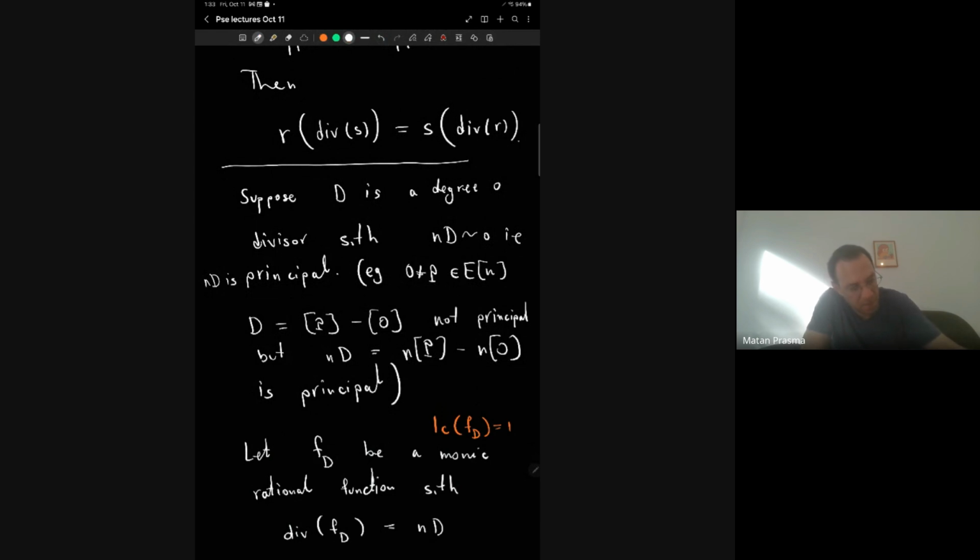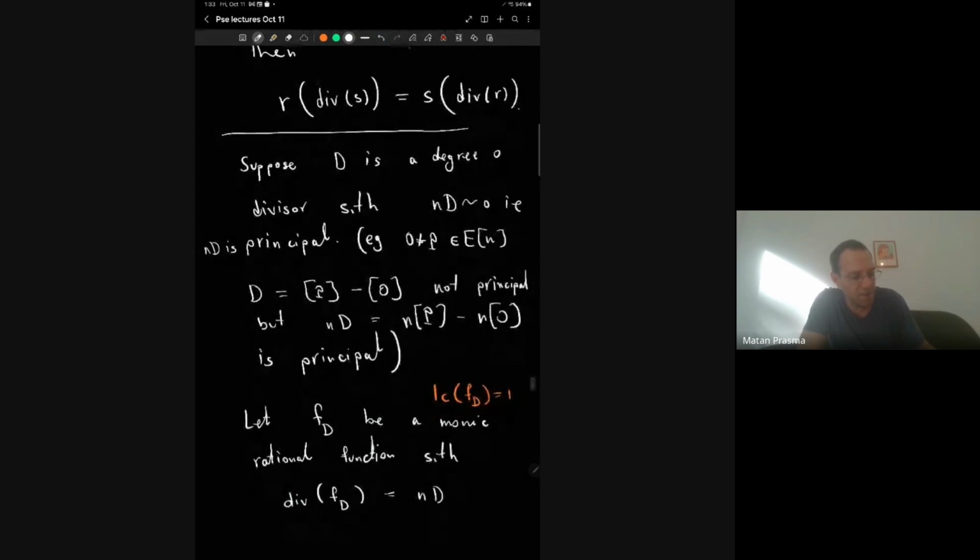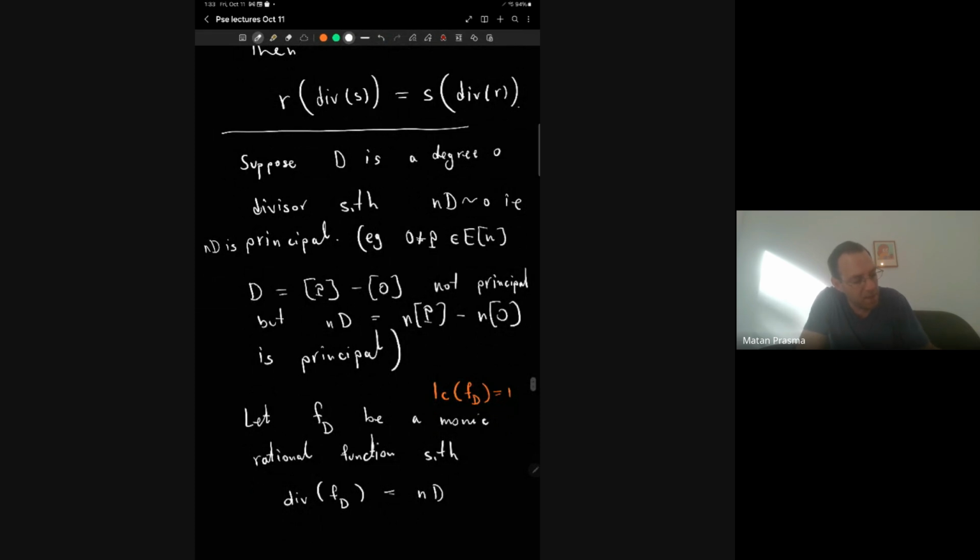We had a proposition saying that a function that has some prescribed divisor is completely determined by the leading coefficient.